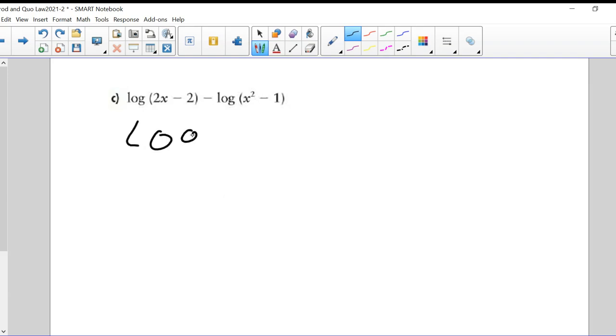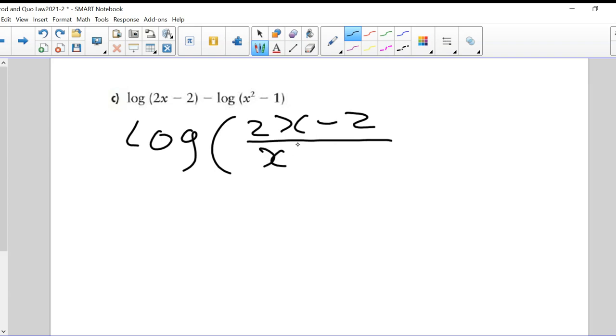So the log of 2x minus 2 over x squared minus 1. Oh, that's not right. Shouldn't that be the same thing? Because if I'm taking a difference of 2 logs, then it's the same thing as taking the quotient. So should I leave that there, or is there more that I need to do?